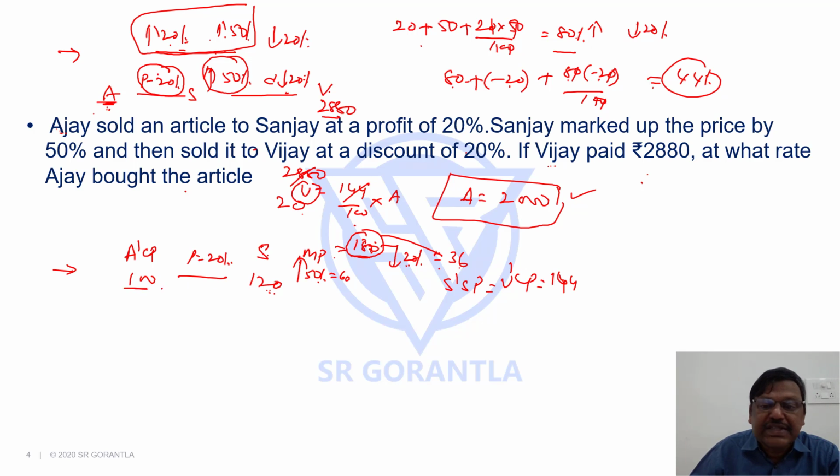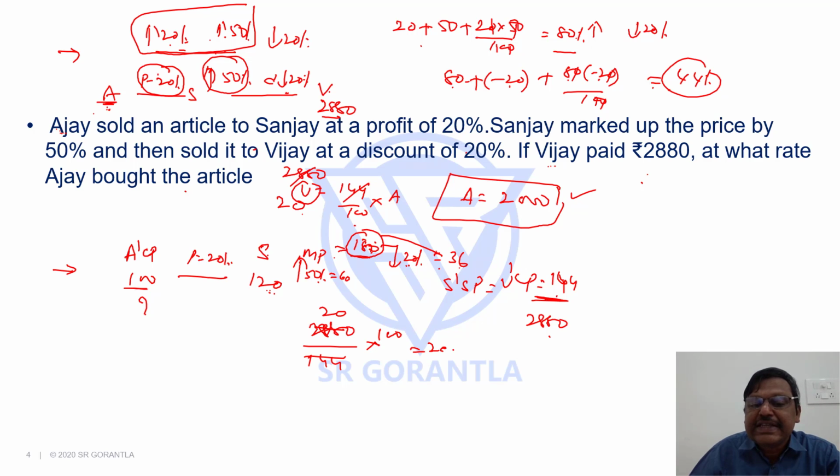So if Ajay's cost price is 100, Vijay's cost price is 144. Vijay's cost price is 2880, so what is Ajay's cost price? You can write 2880 by 144 into 100. 144, 20 is 2000. This is the second approach, taking an example.